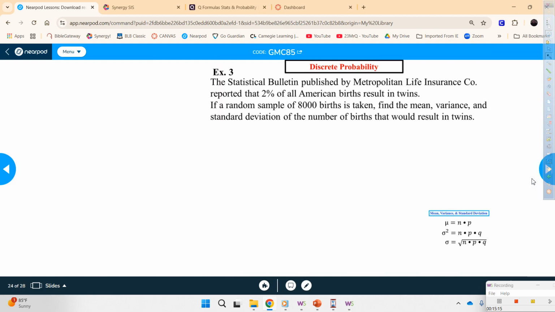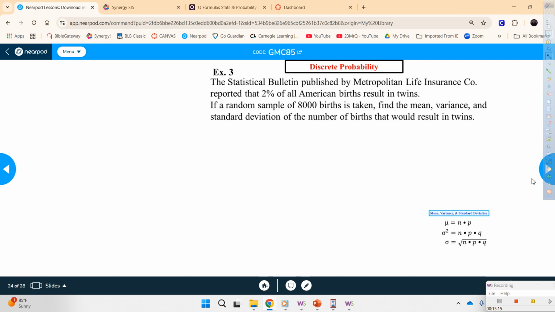All right, let's move on to the next one. Look up to the screen. Don't copy this one. Look at it. Let me read it out loud. It says, example number 3, the statistical bulletin published by Metropolitan Life Insurance Company reported that 2% of all American births result in twins. If a random sample of 8,000 births is taken, find the mean, variance, and standard deviation of the number of births that would result in twins.